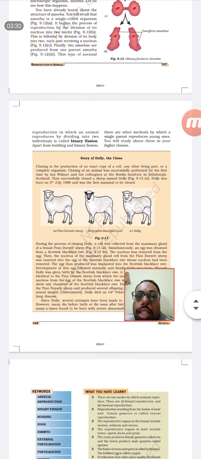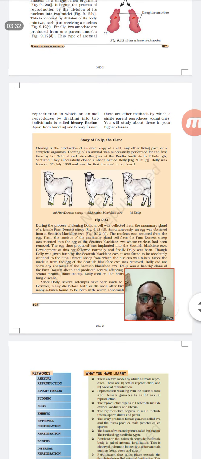Apart from that, asexual reproduction is possible in humans also, through the process of cloning. Any part of the donor can be developed into an adult organism. The first cloning was done in 1996 by Ian Wilmut at the Roslin Institute in Edinburgh, Scotland.